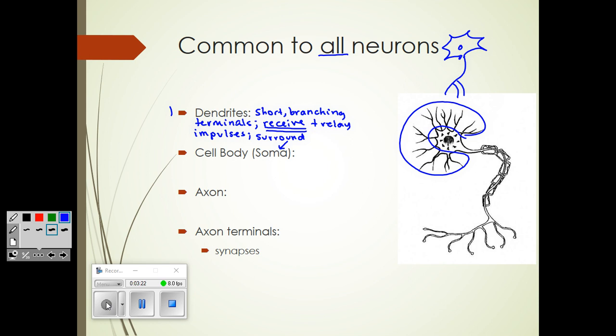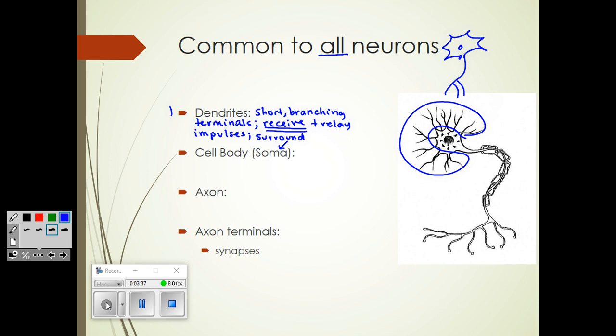Now, of course, I just added one other neuron, but there could be 500 other neurons that are attached to it. So this is not just a linear pathway. Each neuron could have hundreds of other neurons sending impulses to its dendrites.